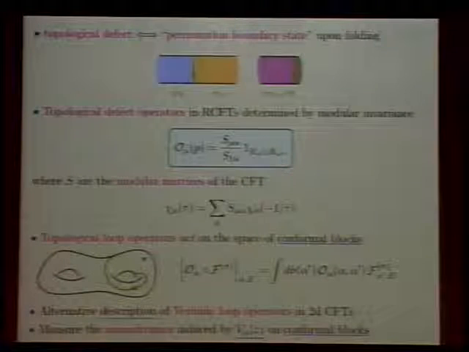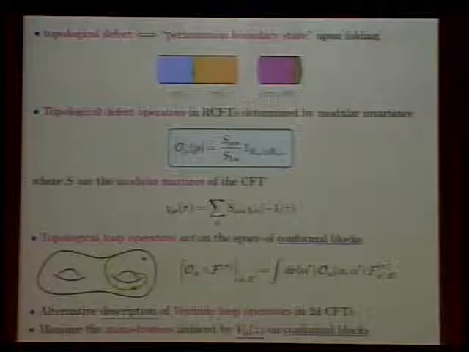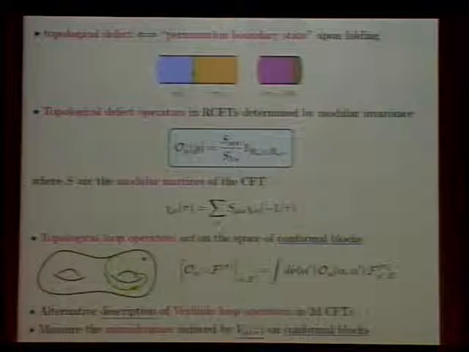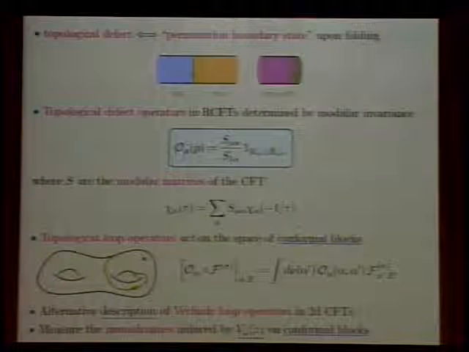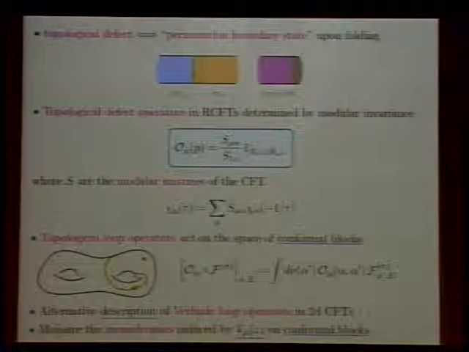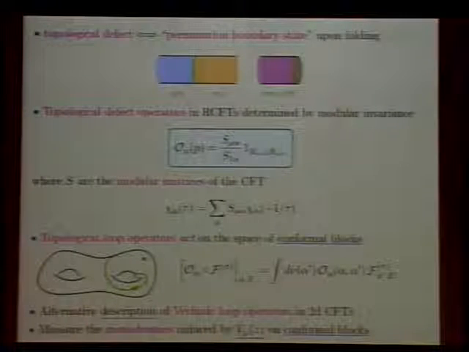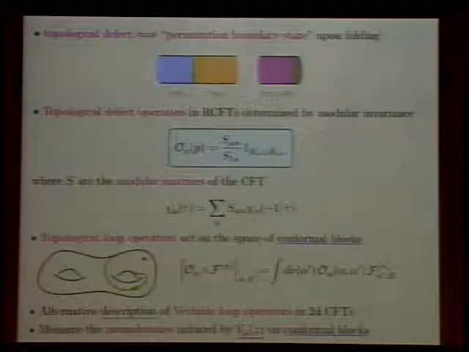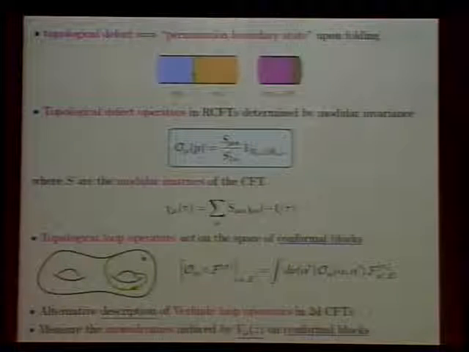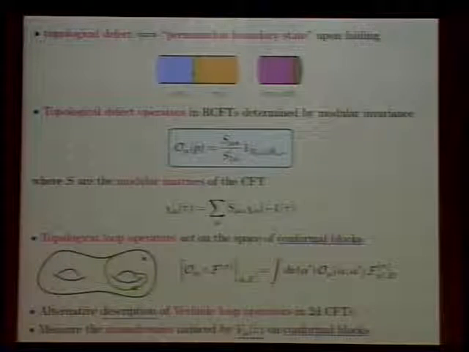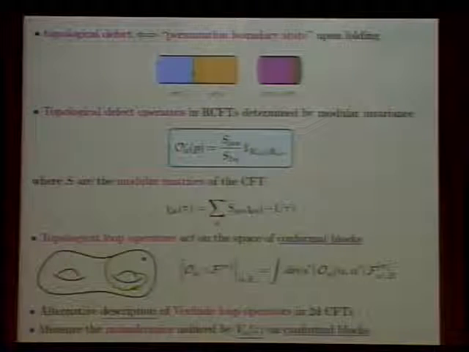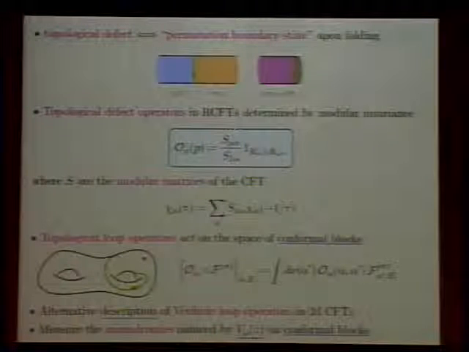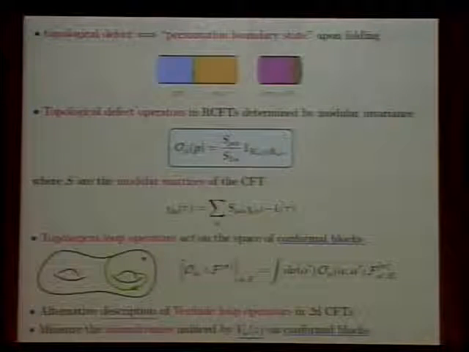Okay? So just like boundary states, the insertion of these objects into correlators imposes consistency conditions. Essentially by demanding that the insertion of a topological defect into the torus partition function has a Hilbert space interpretation, which is essentially the analog of the Cardy condition, you can derive what the coefficients of the operator are.